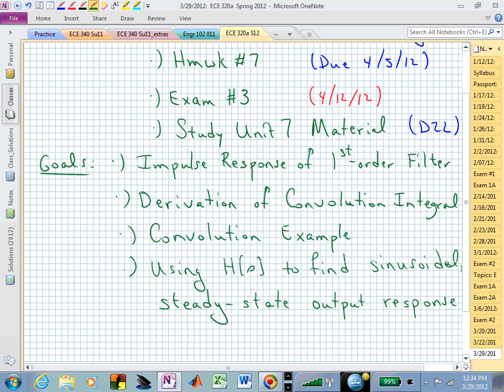We will derive the convolution integral based on starting with what we now know, which is transform descriptions between input and output. We'll look at a simple example, or one example, and then I will encourage you again and again to look at Unit 7 material. There's a lot of work on convolution there that hopefully will help you work homework number 7.